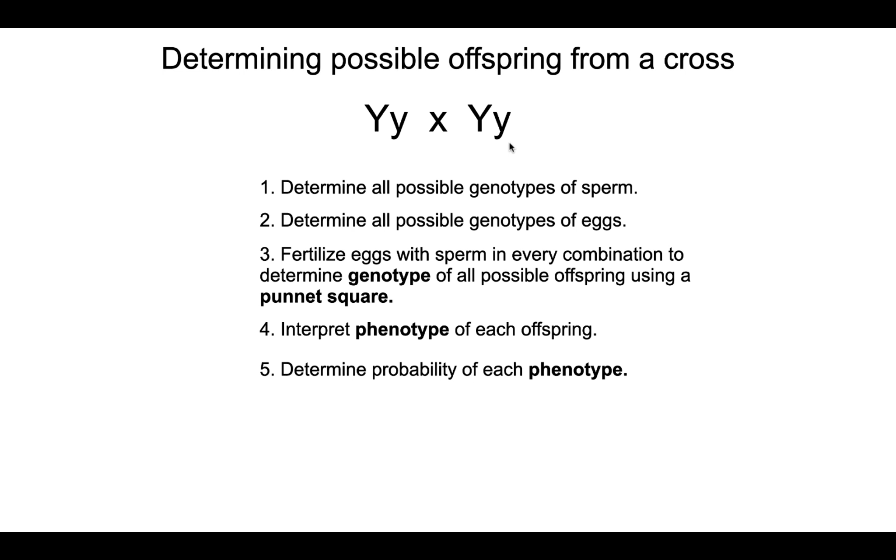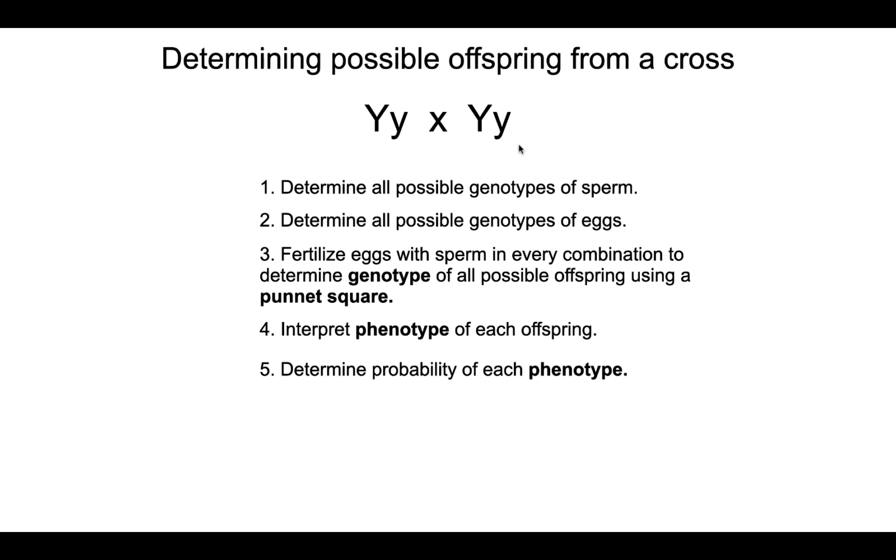Well, first we have to determine, let's say this is the male on the left, all the possible sperm this male can make. Well, a big Y and a little y sperm. Then number 2, we have to determine all the possible eggs that the female can make. Well, she can make a big Y egg and a little y egg. That's it.